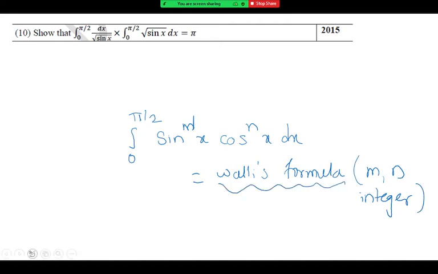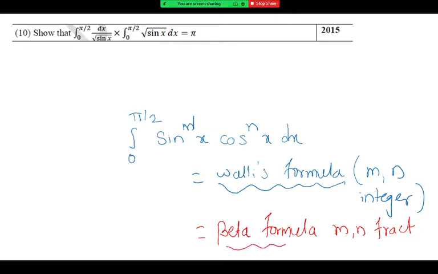But remember, we can use the beta formula for both integers as well as fractions. Generally, when m and n are fractions, the beta formula is useful, provided m or n is a fraction, because the Wallis formula fails when the power of sine or cosine is a fraction.